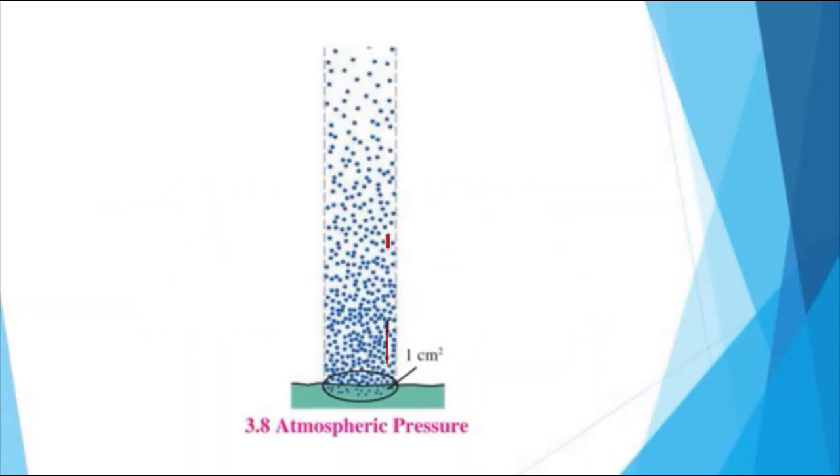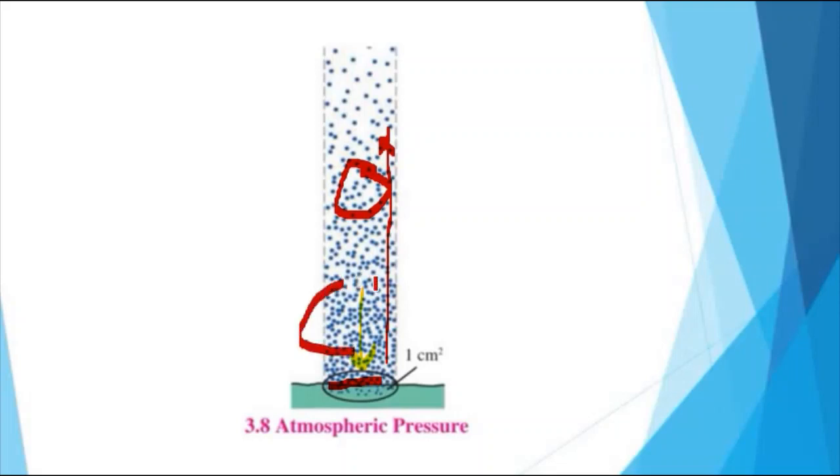Imagine that a very long hollow cylinder of unit cross-sectional area is standing on the surface of the earth and it contains air. Weight of this air is the force applied in the direction of the center of the earth.